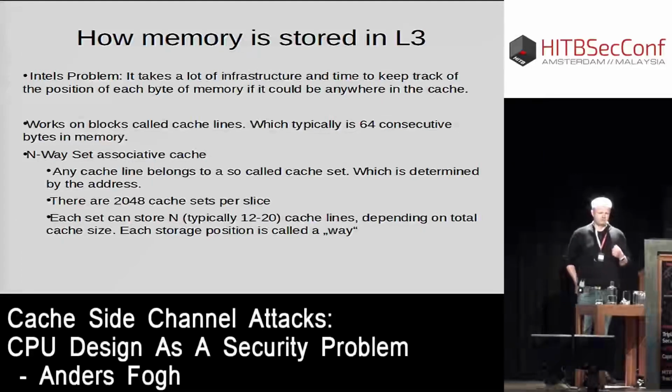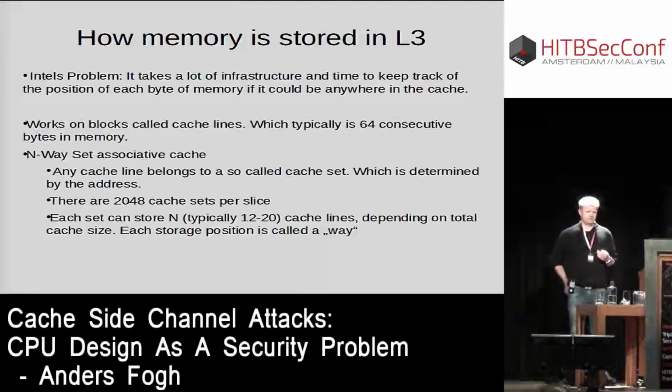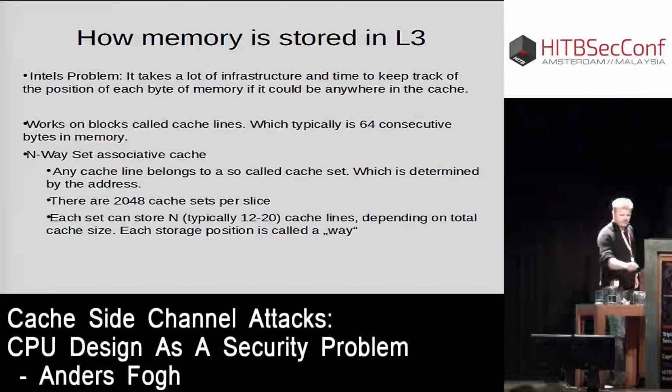Each set can store n, which is typically 12 or 20 cache lines, depending on the total cache size. Meaning that when we request memory, we have to search 12 or 20 ways to find our cache line. Actually, it's not searching, it's multiplexing, but it's the same thing, really.